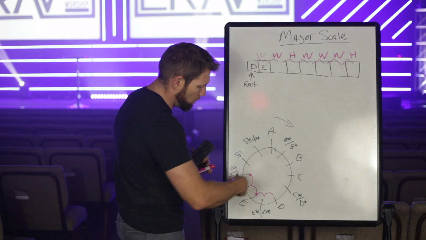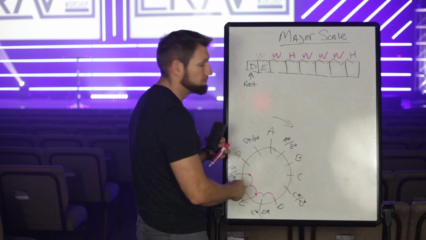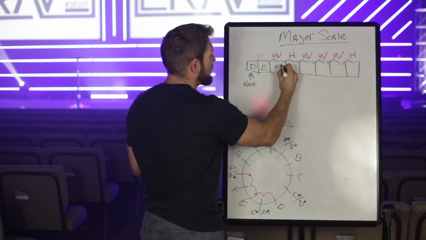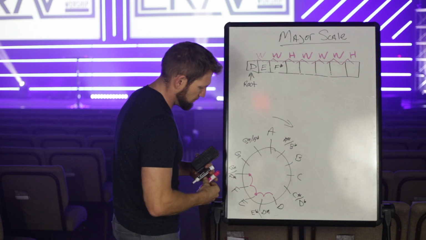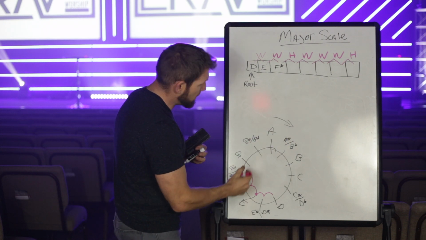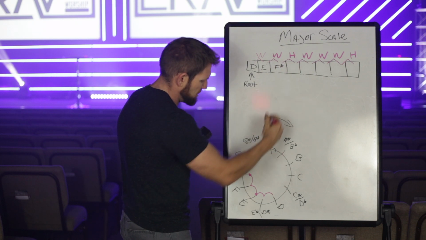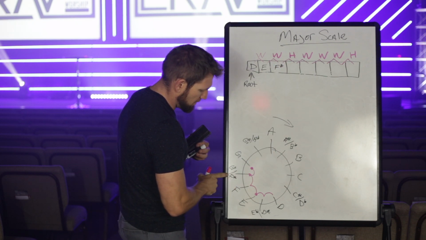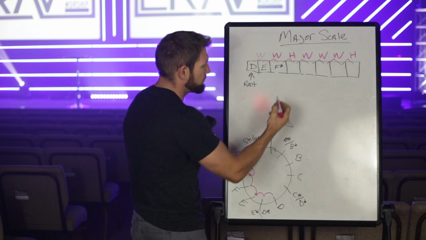Since I'm going in one direction, I'm just going to call it the sharp. Call it F sharp. From F sharp, we need to go a half step. We go a half step from F sharp to G.